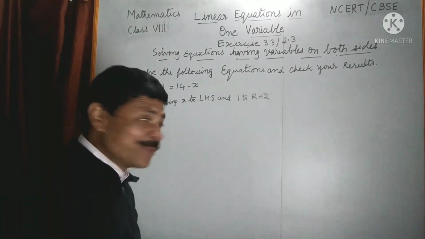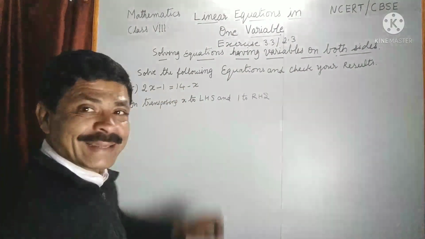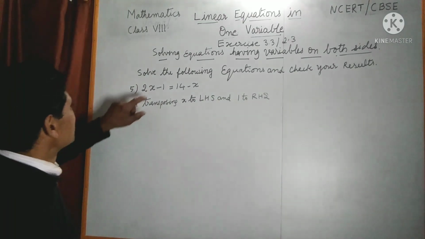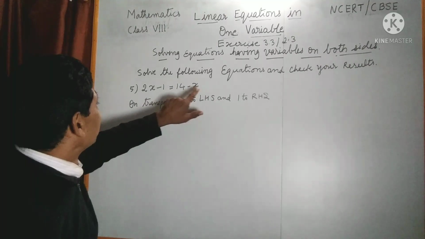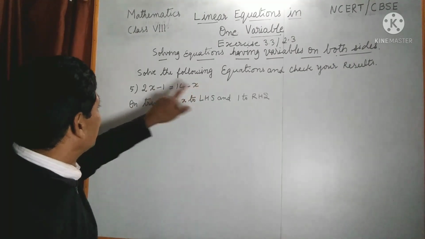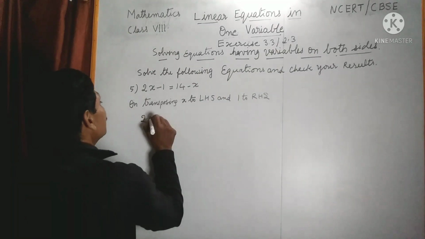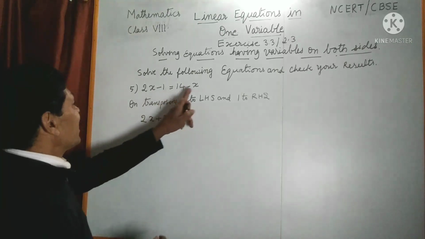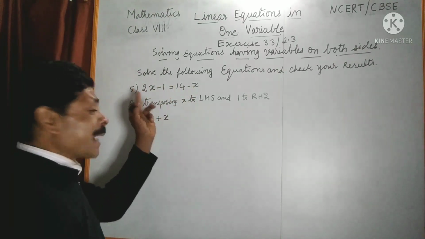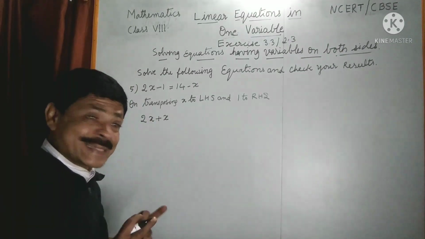Question number 5. 2x minus 1 is equal to 14 minus x. Now let us transpose minus 1 to right hand side and x to left hand side. That is, 2x plus x, because when we transpose left hand side to right hand side or right hand side to left hand side, any term its sign will change.